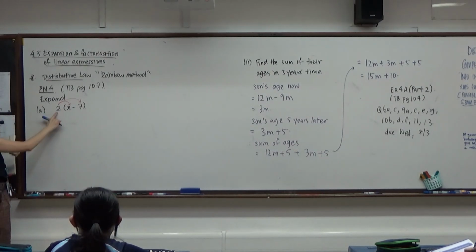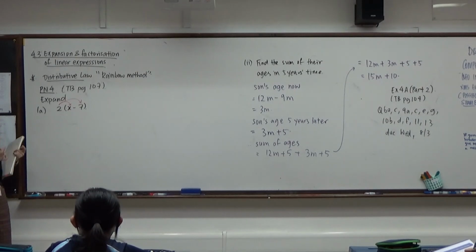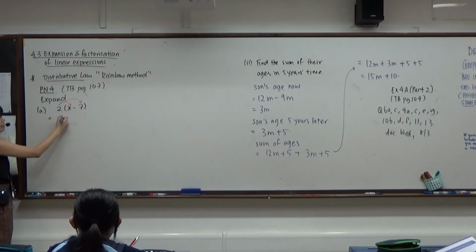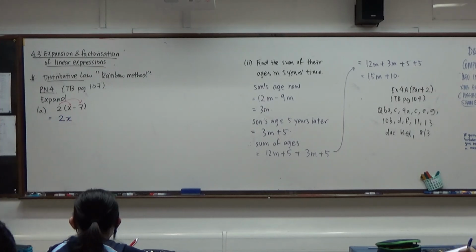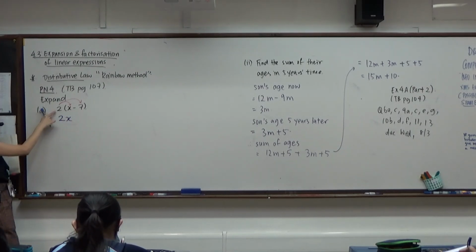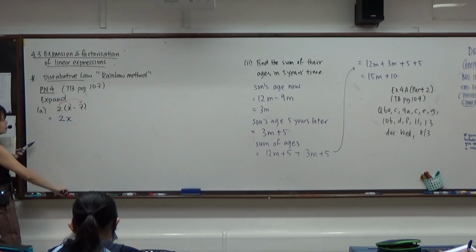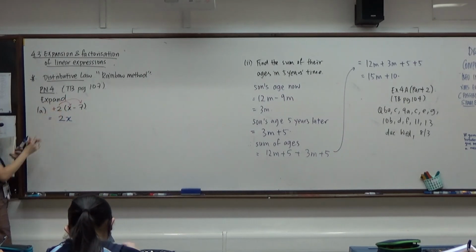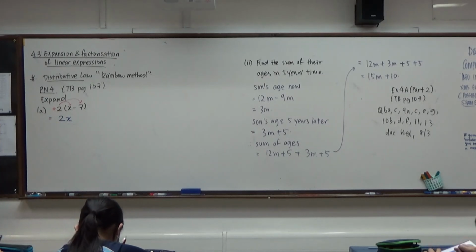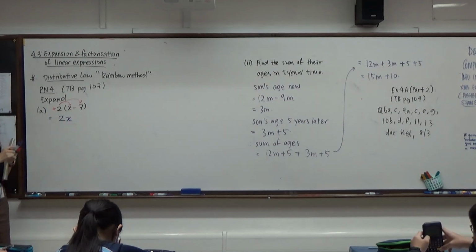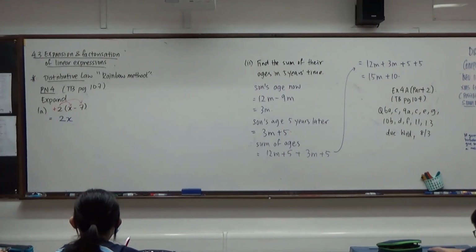So 2 times x minus 7, when I apply my distributive law, my rainbow reaches the x, so I'm doing 2 multiply with x, and that will give us 2x. Then, this is a positive 2 multiplying with a negative 7. Earlier on we know multiplication, positive multiply with negative gives us what?